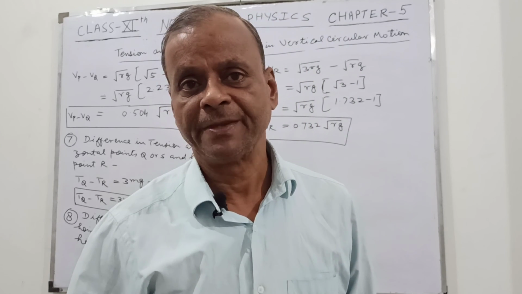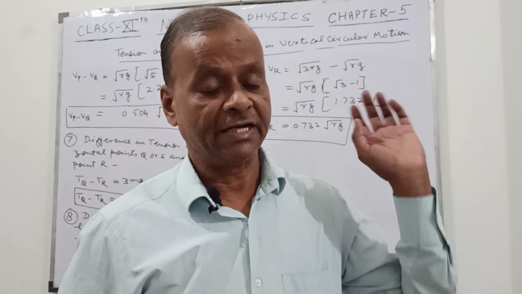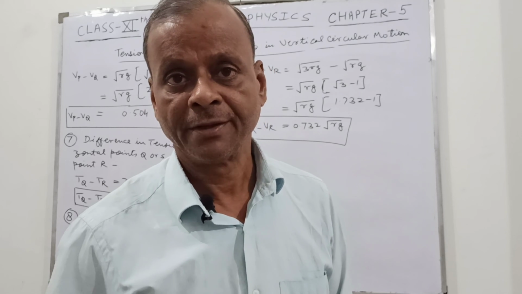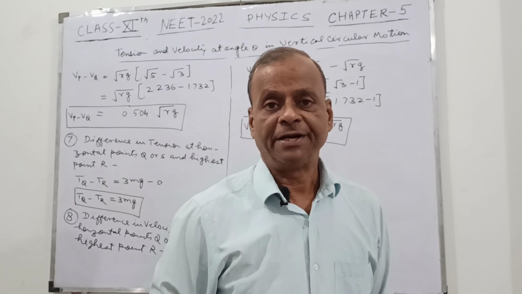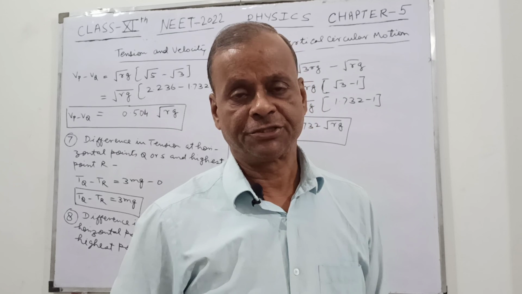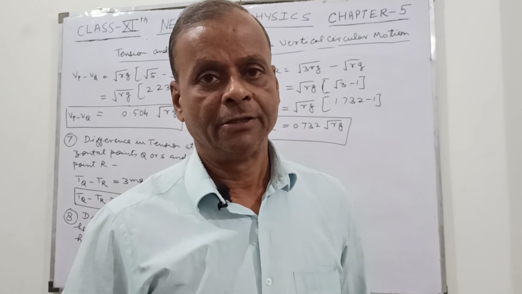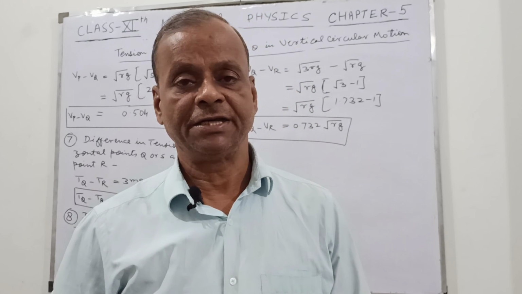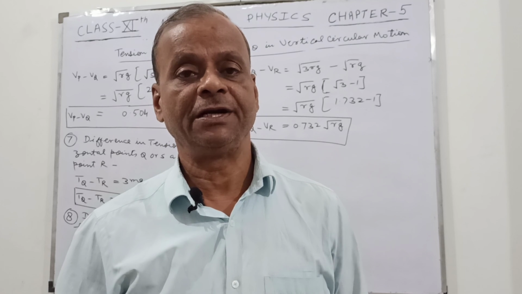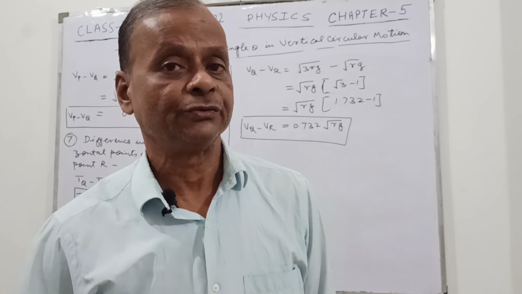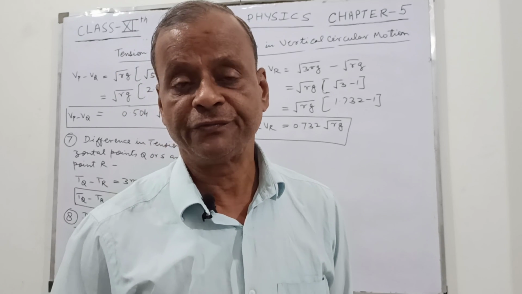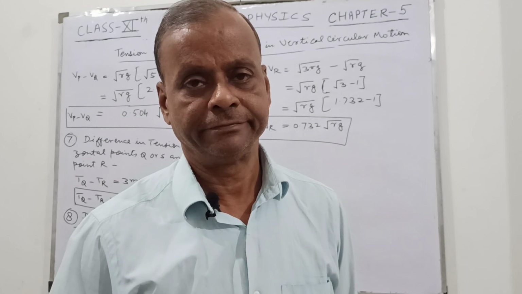So this is the tension and the velocity of the particle in vertical circular motion. This is the case when the velocity of the particle is no more constant. So this is a non-uniform circular motion.